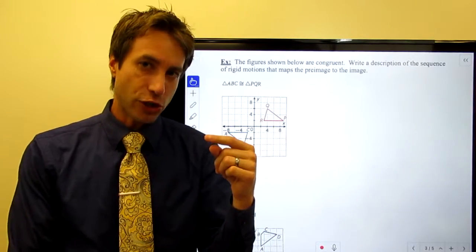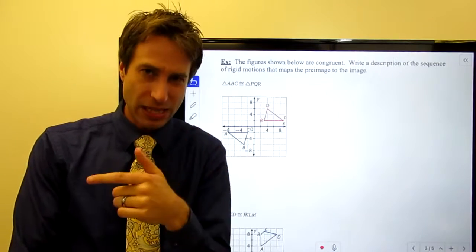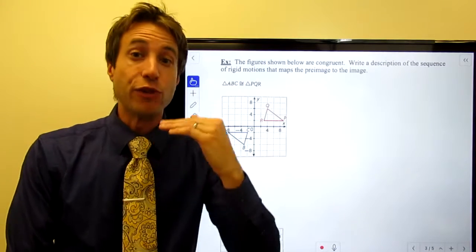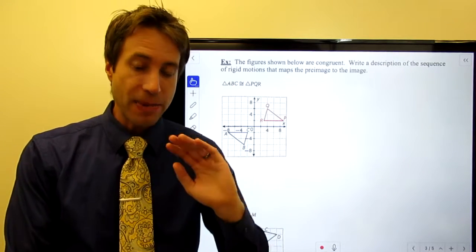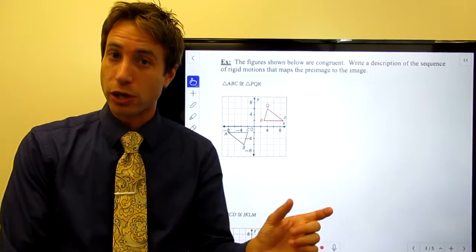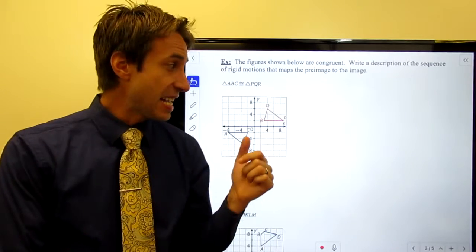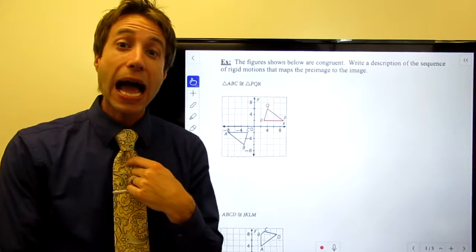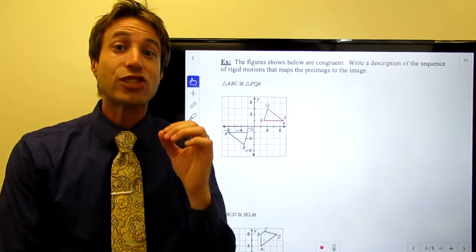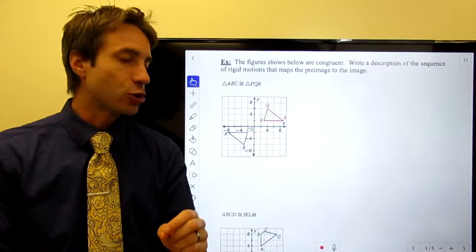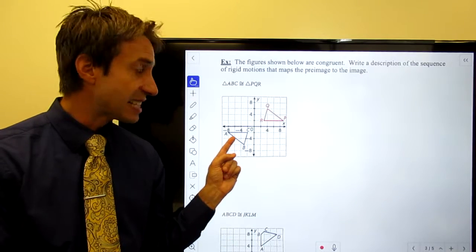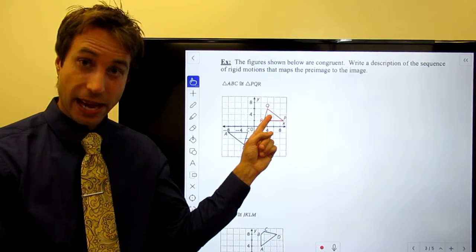In the last few example problems we did, I had you show that you've done a rigid transformation, and because it was a rigid transformation, you could say the two images were congruent. Here, in these example problems, I am telling you these two images are congruent, which means you must be able to come up with a sequence of rigid transformations to get this guy over here to this guy, right?